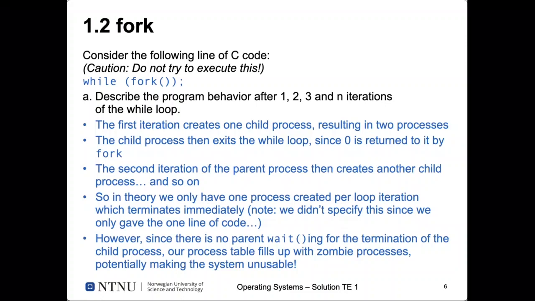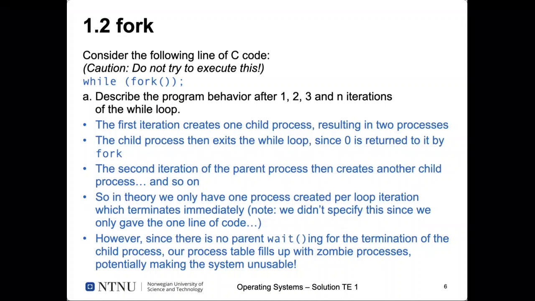The first iteration creates one child process, which results in 2 processes. Then the child process exits the while loop because the child process is returned 0 from fork. This is a bit of a trick we were using here. The second iteration of the parent process creates another child process, which then also exits the while loop, because the parent process gets returned the process ID of the child process, which is never 0, and so on and so forth.